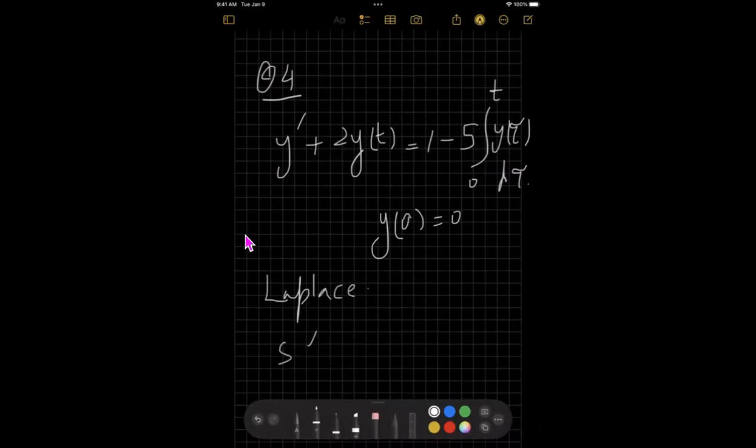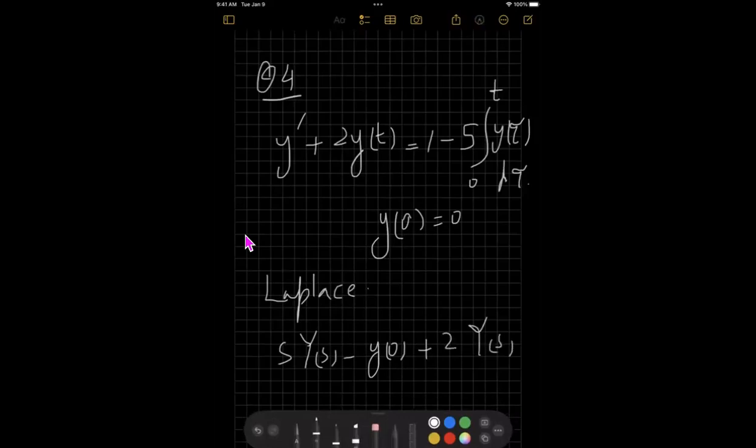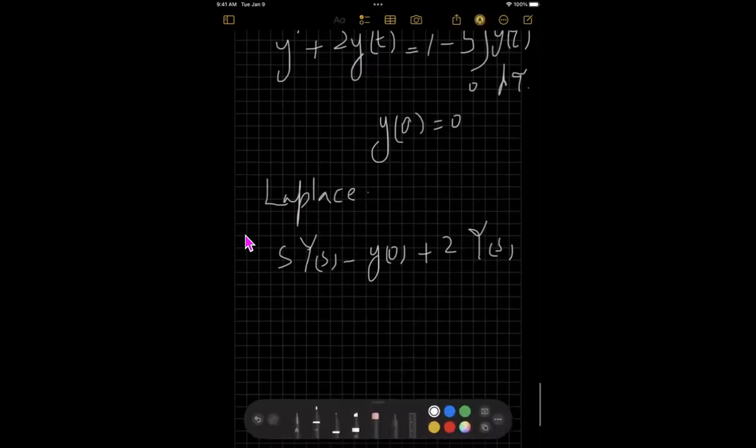This will become sY minus y(0) plus 2Y, and on the right side, we will have 1 over s minus 5 times Y over s, by using the rule which we just discussed.